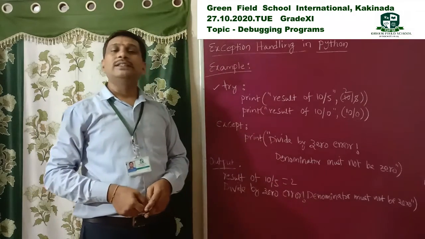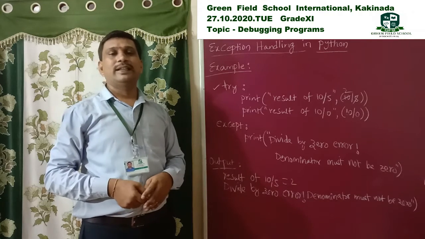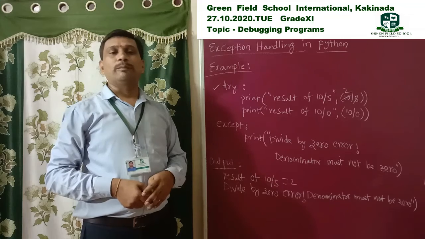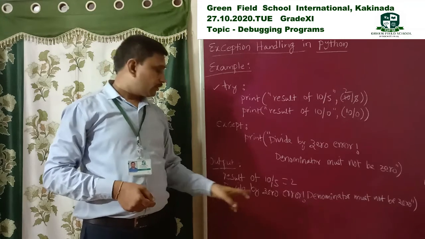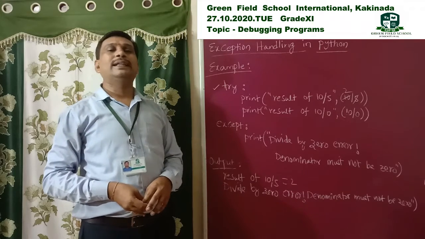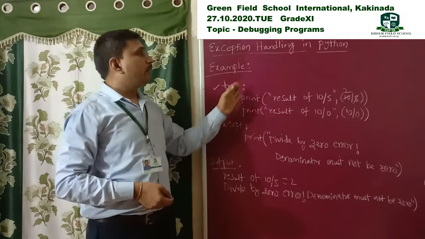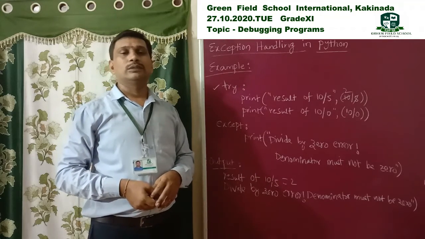Denominator must not be 0. We understand the actual problem or exception from this message. In this way we handle exceptions in the exception handling mechanism using Python code.